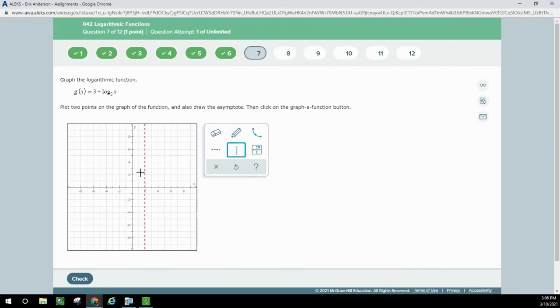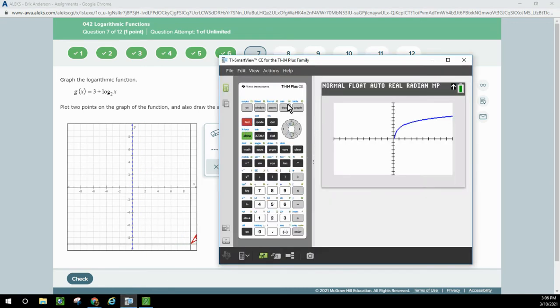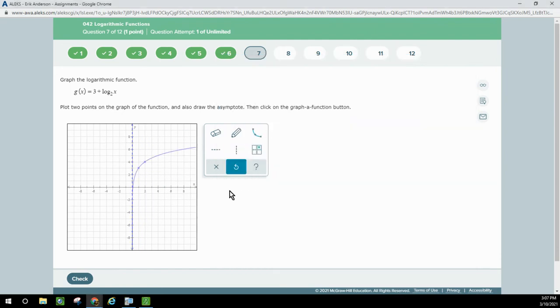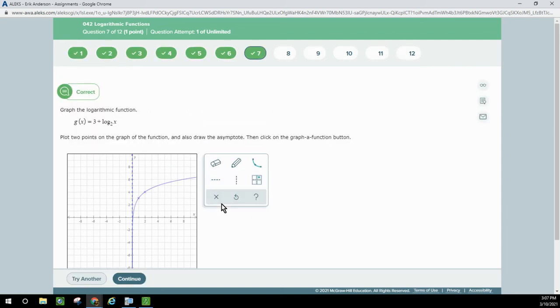So let's draw on that vertical asymptote right here. We want to put 2 points on the function. So let's look to our table, see if we can find something. 1, 3, and 2, 4. Graph a function, and we're all set.